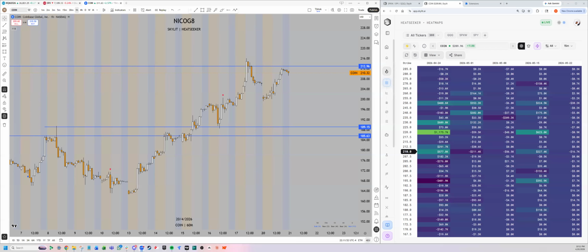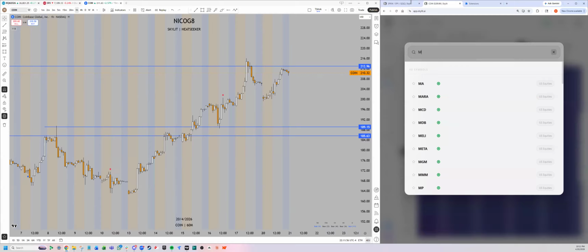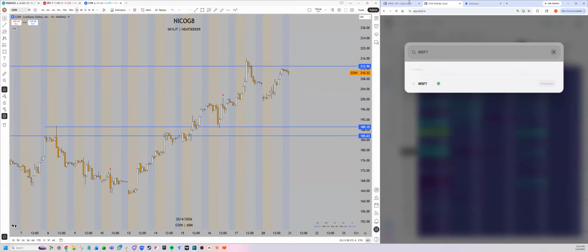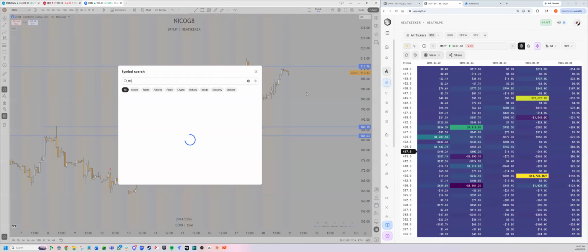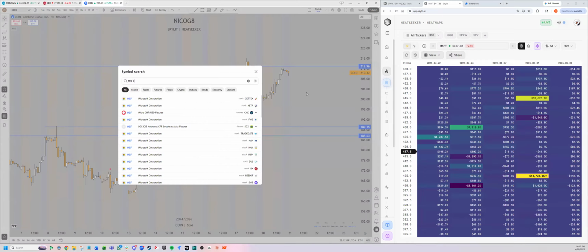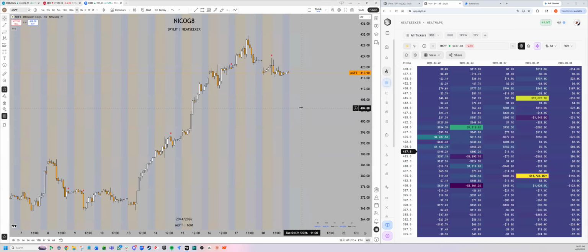All right, so trying to understand, let's say we're looking at Microsoft. If we're looking at Microsoft, do we wait to flip 425 to long it?